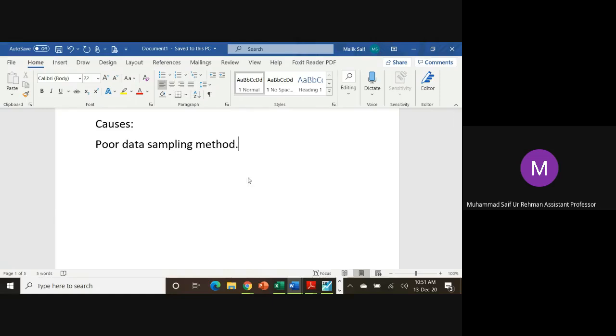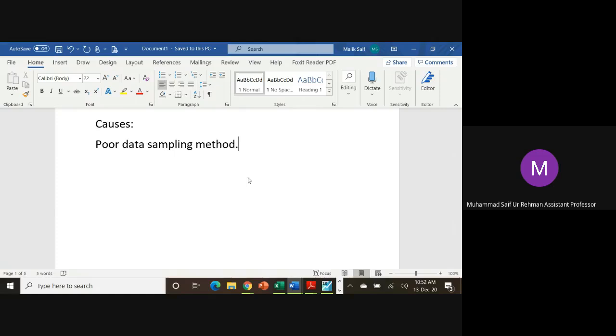Let us say you were there in the field to collect some primary level data. If you are not going to take into account the proper sampling technique, then definitely you will have data that would not be that reliable. So if you are not taking proper sampling technique into account, then this problem may arise in the data. So this is one cause.